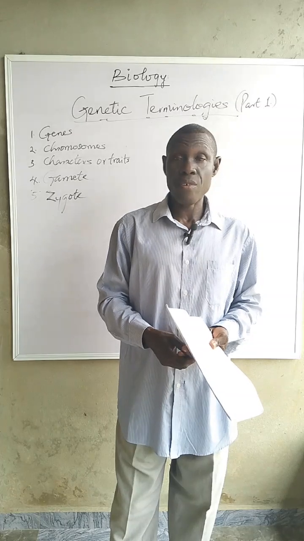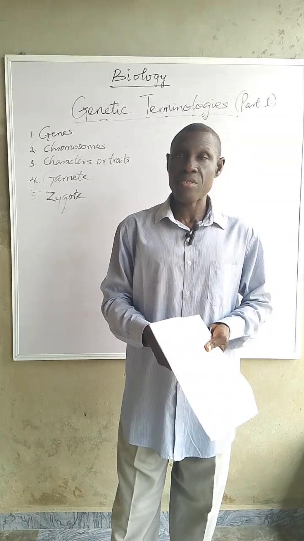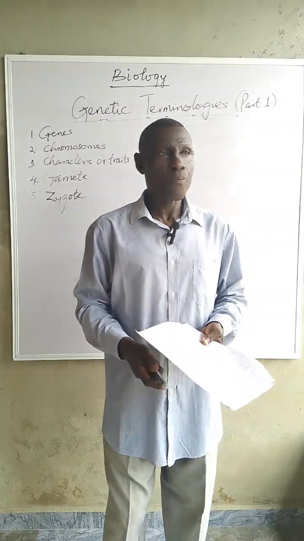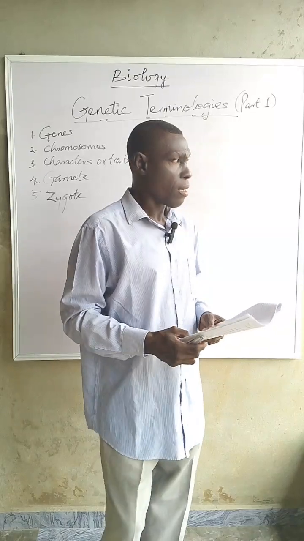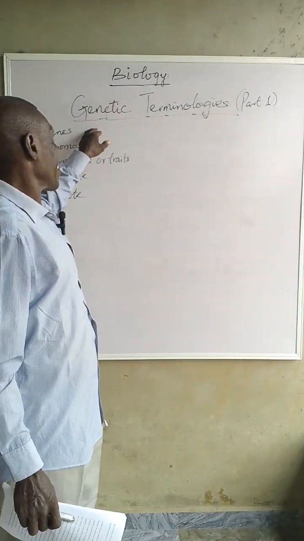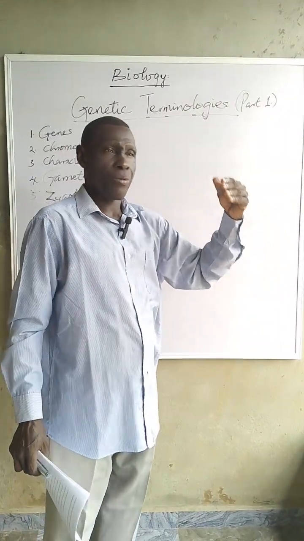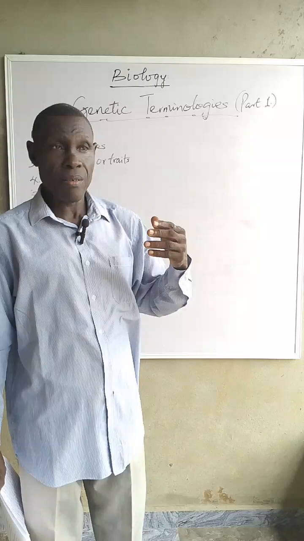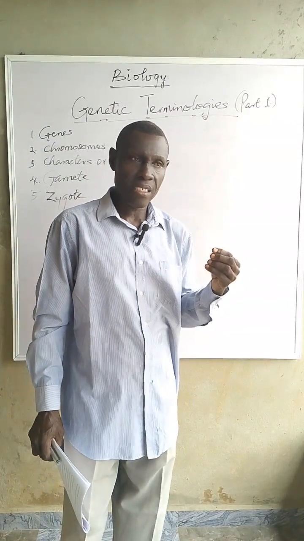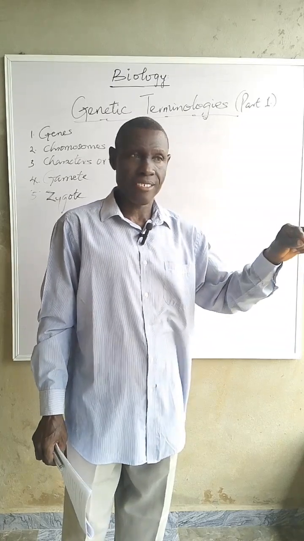As I did say before now, I'll be treating some salient topics on biology, and that is what I'm doing. Our lecture for today is going to be on genetic terminologies. In every subject area, there are some terms that you need to properly understand to enable you comprehend the subject as you advance.